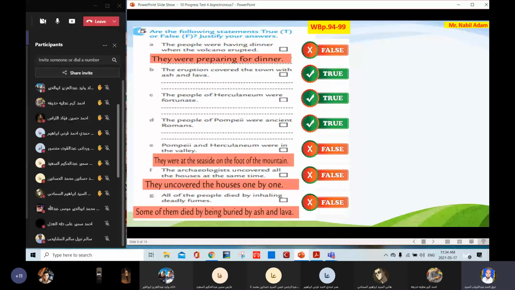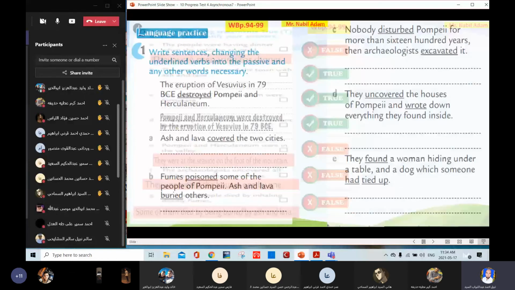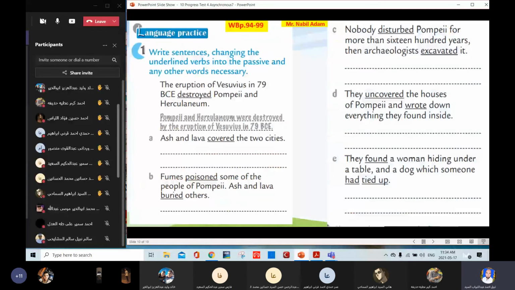Ash الرماد and lava الحمم البركانية. يعني معظم الناس ماتوا بسبب إيه؟ دفنوا تحت الرماد وتحت الحمم البركانية. Thank you, Khaled. What are we going to do next? Language practice here. Write sentences changing the underlined verbs into the passive and any other words necessary.